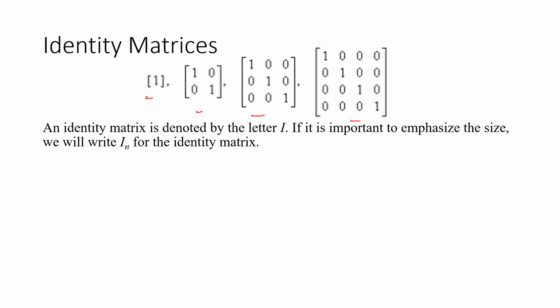To explain the role of identity matrices in matrix arithmetic, let us consider the effect of multiplying a general 2 by 3 matrix A on each side by an identity matrix.